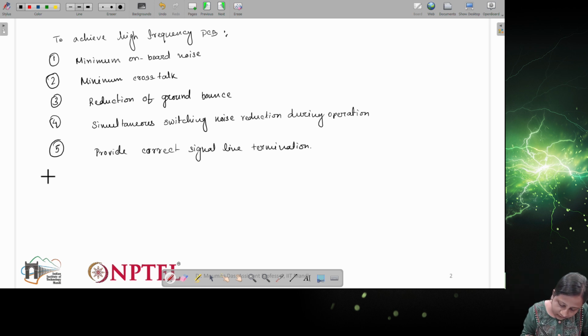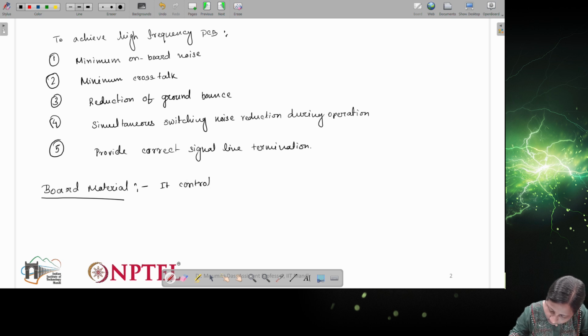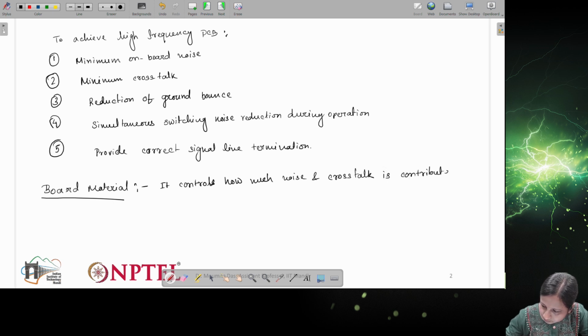So based on the material, it controls how much noise and crosstalk is contributed from high frequency operation or fast switching operation.